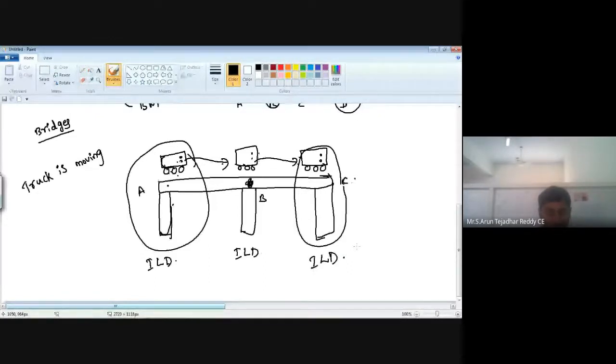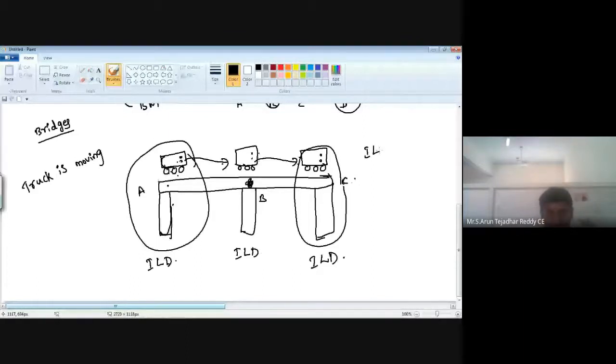So what I am trying to say is, first of all, due to those loads, we can identify our influence line diagrams.